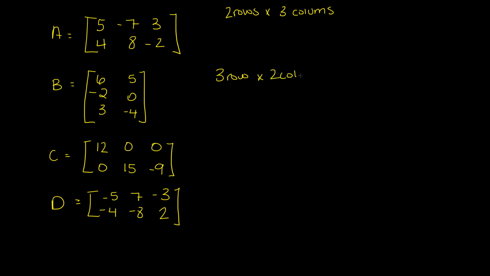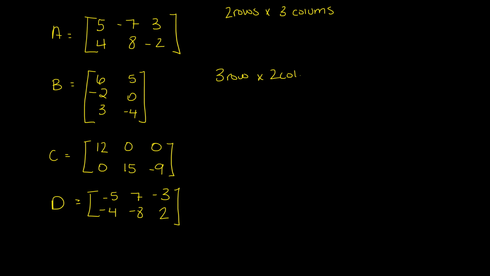And they cannot be combined. You can only combine like rows and like columns in addition and subtraction. So A, C, and D can be combined using addition or subtraction. B, on the other hand, cannot.